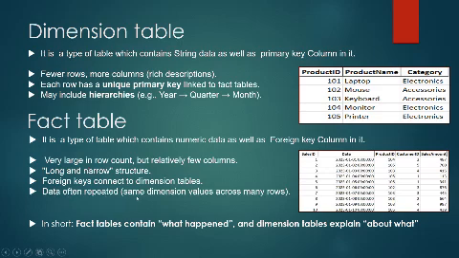And we can consider another characteristic: data is often repeated. You could see here 103 is here, 103 is here. So like that, the data may repeatedly come. In short, we can say fact table contains what happened.